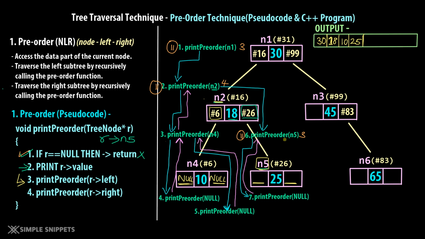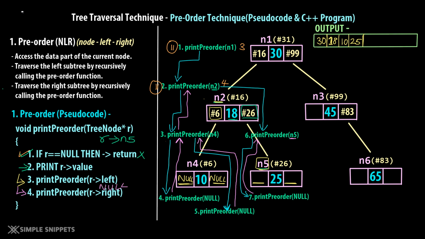Now the 6th print preorder will resume its execution. It has completed step 3, so it will go to step 4. Step 4 is again print preorder r of right. R over here is n5, and r of right is nothing but null. You can see there is nothing to the right child of n5. So one more print preorder call is given, and we are passing null in it.